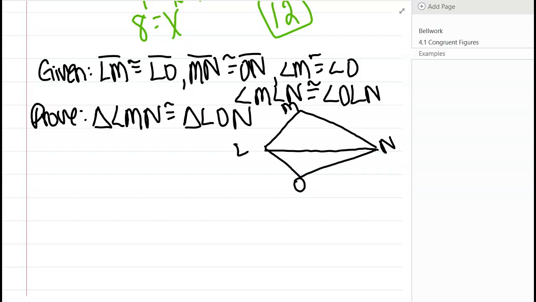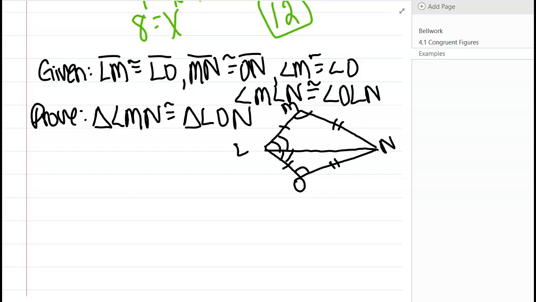And it also tends to be helpful to go ahead and mark the triangles with all of our given information. So LM is congruent to LO. MN is congruent to ON. Angle M is congruent to angle O. And then MLN is congruent to OLN. So we know all of that information.